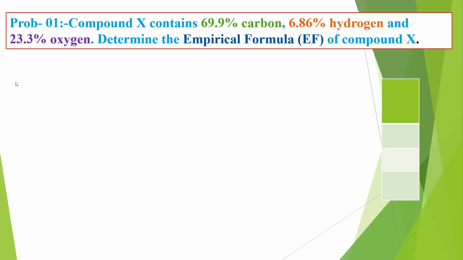So what do you have to do now? Determine the empirical formula of the compound. How are you going to calculate the empirical formula based on carbon, hydrogen, and oxygen percentage?